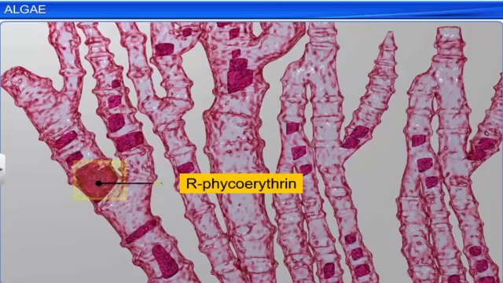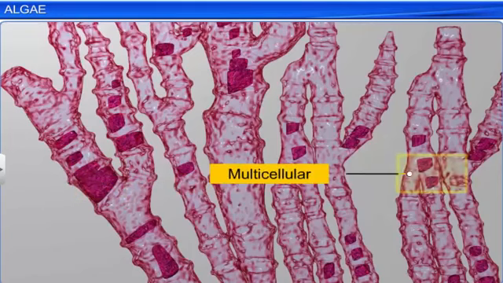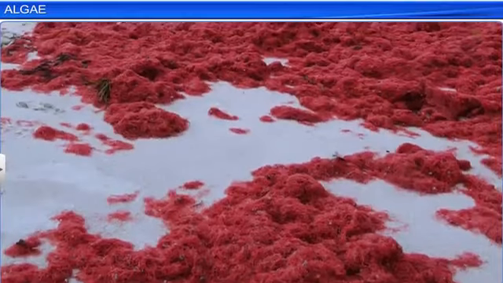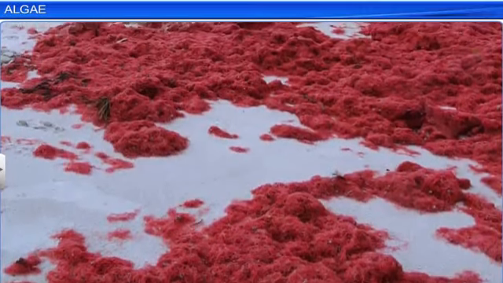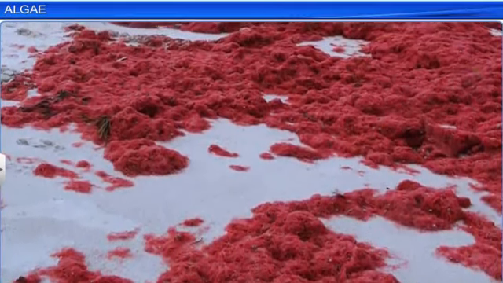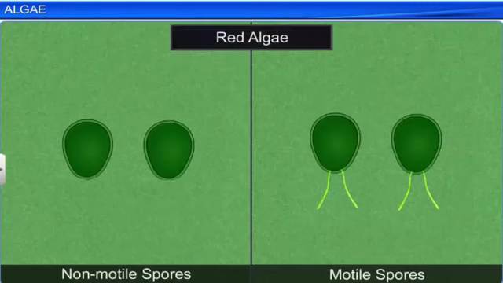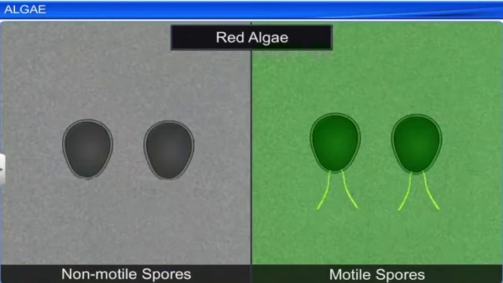The thalli of red algae are multicellular, and food is stored as floridean starch inside the cells. Red algae are found in brackish and salt water, and mostly in warmer areas. Red algae reproduce vegetatively, asexually through non-motile spores, and sexually through motile spores.